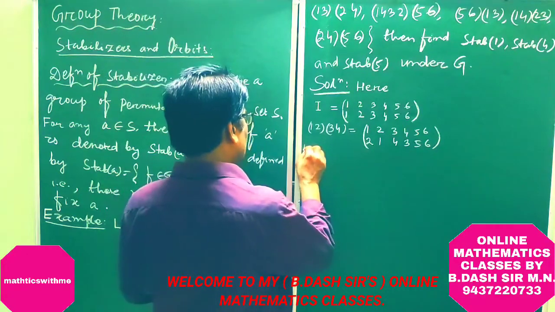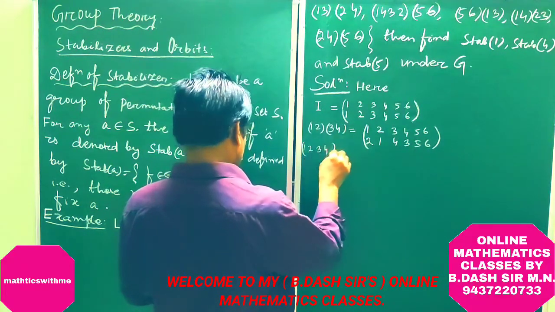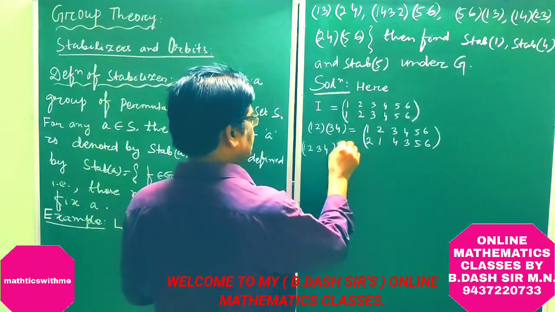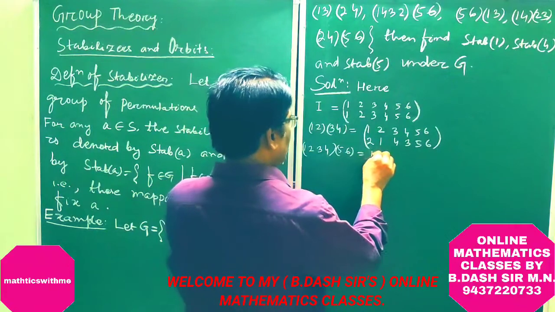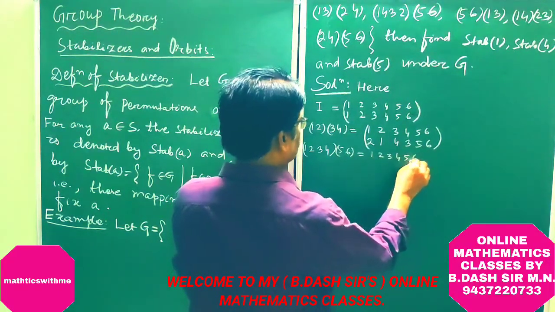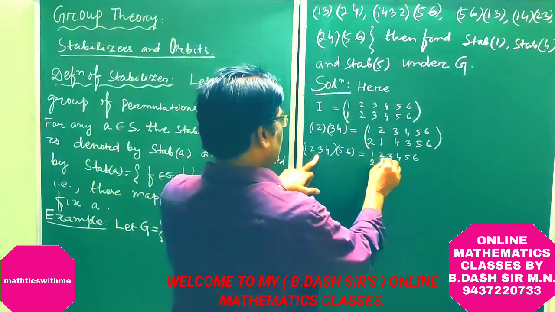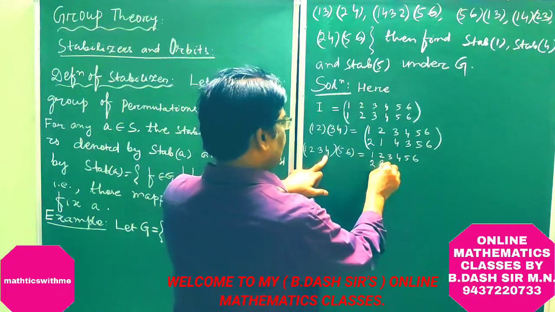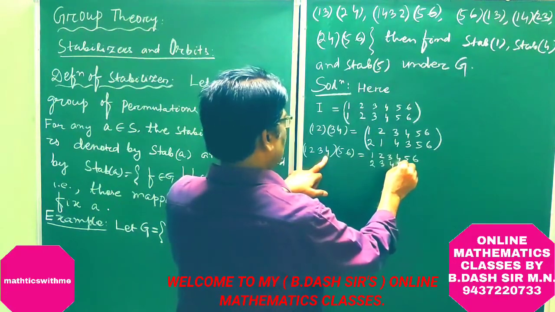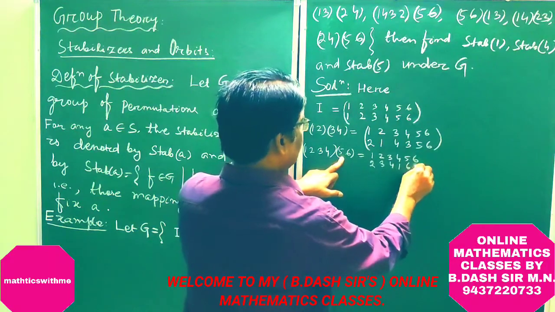Now (1 2 3 4)(5 6) is equal to 1, 2, 3, 4, 5, 6. 1 related to 2, 2 related to 3, 3 related to 4, 4 related to 1, 5 related to 6, 6 related to 5.